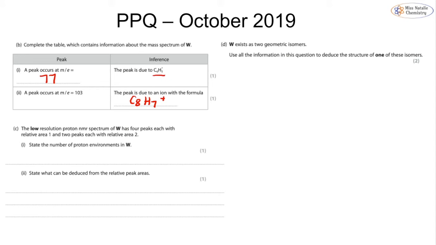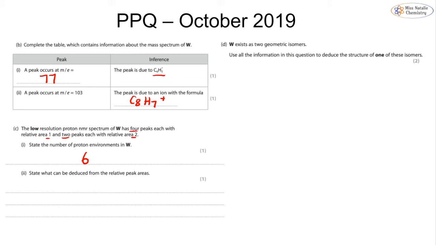So the low resolution proton NMR gives 4 peaks with a relative area of 1 and 2 peaks with a relative area of 2. How many proton environments do we have? Well, remember, our proton environments are how many peaks we have, so we have 6 proton environments. And what can be deduced from the relative peak areas?